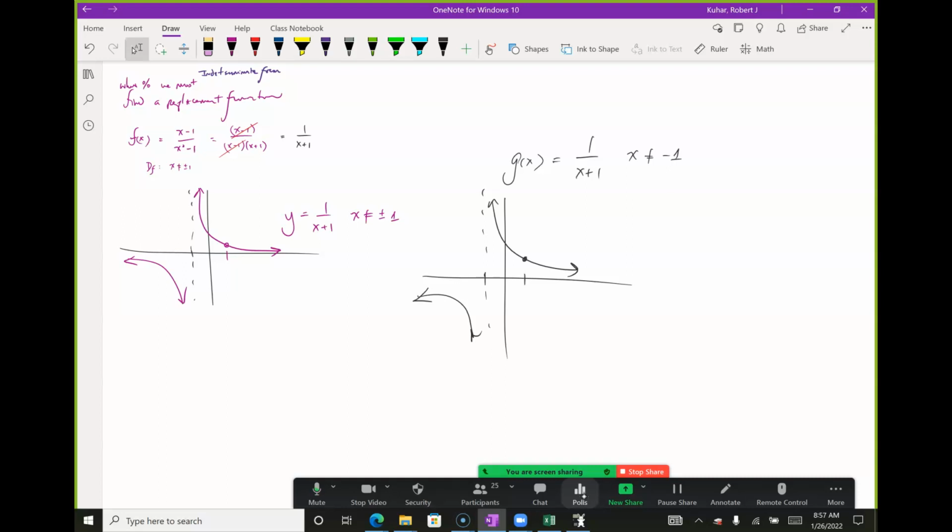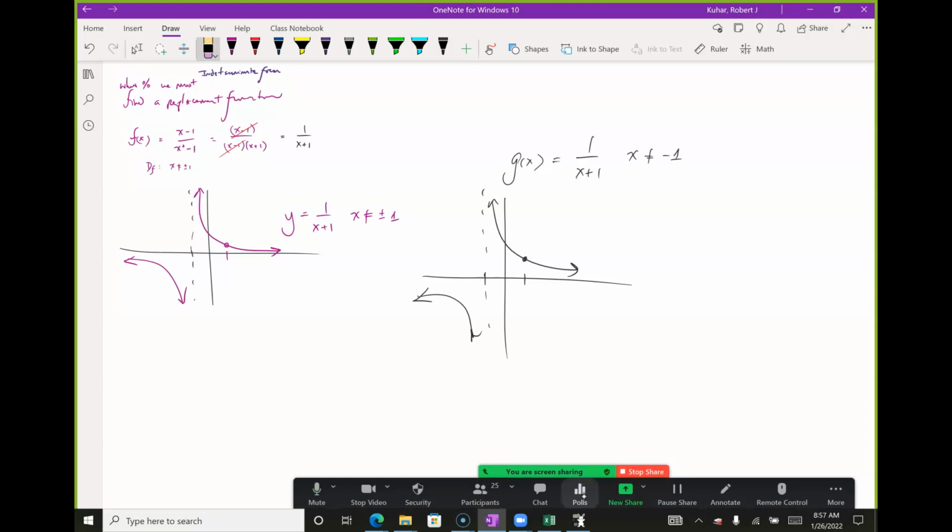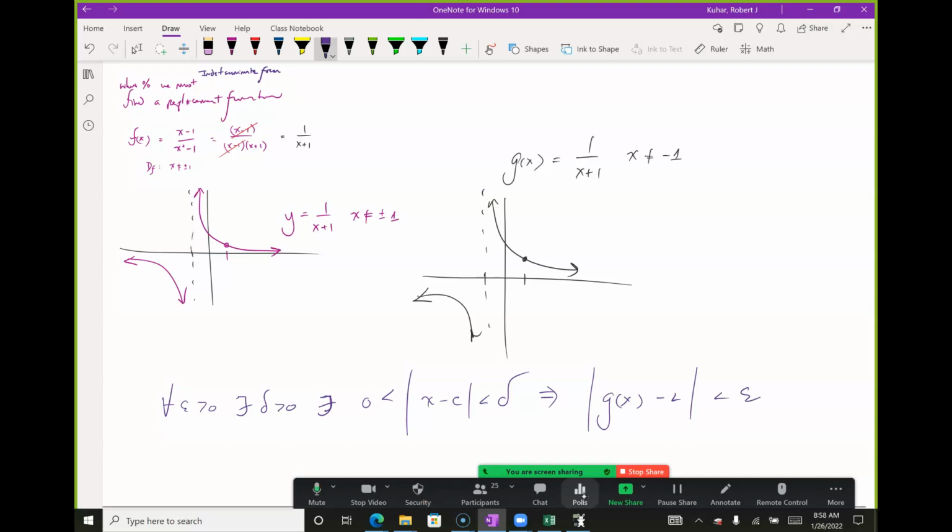Now, why does this work? Right? Why does this work? We know that for every epsilon greater than 0, there exists a delta greater than 0, such that 0 is less than the absolute value of x minus c, which is less than delta, implying that the absolute value of g of x minus L is less than epsilon. I know g of x is, I can plug into g of x, right?